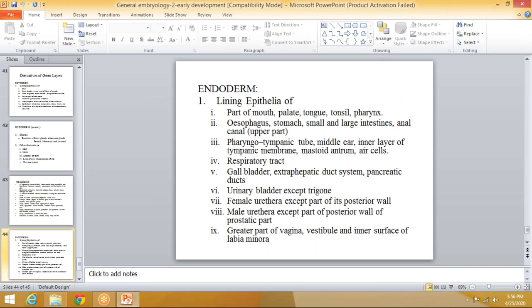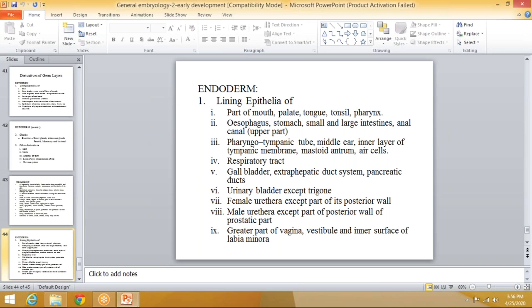Endoderm will be lining the mouth, palate, remaining soft organs, gallbladder, respiratory, pancreatic, urinary bladder except the trigone, which is present in the posterior wall. Greater part of vagina, inner surface of labia minora, male urethra except the prostatic part, respiratory tract, middle ear, mastoid antrum, air cells, and all the GIT except the lower part of anal canal.